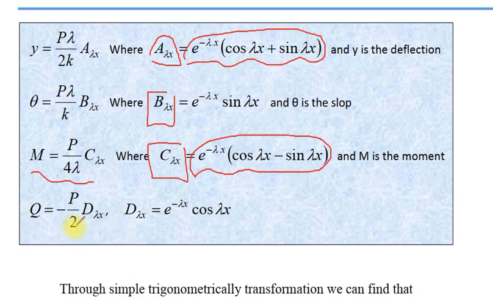For the fourth equation, we can also replace e to the minus lambda x cosine lambda x by D lambda x, and we can construct a table for these factors for different values of x, as is found in many references. Many references present the values of A, B, C and D to make the solution simpler than using these equations to get these factors.